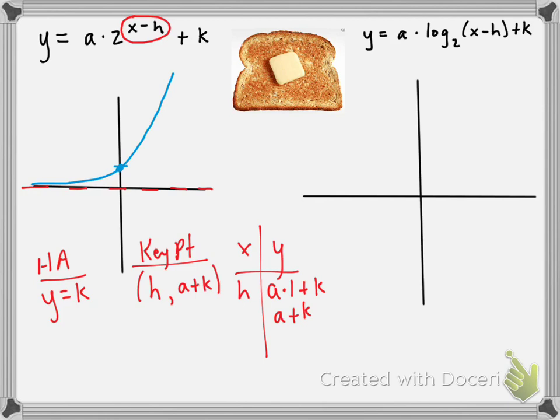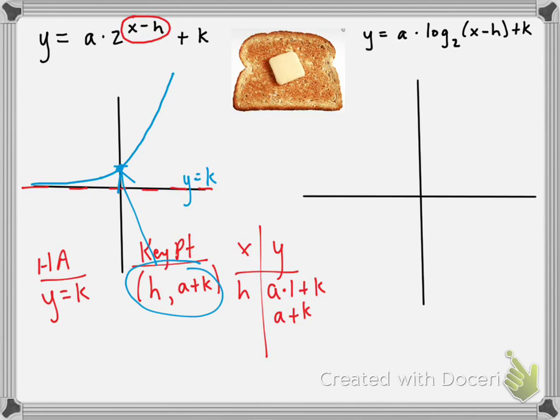I'm at home making this video, and that's exactly what's happening: the number of cases is growing exponentially. So we've seen plenty of graphs like that if you've watched the news. Anyway, the key point is at (h, a plus k), and the horizontal asymptote is y equals k. So that's the graph of an exponential function.